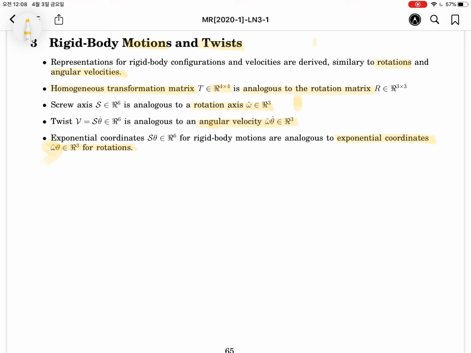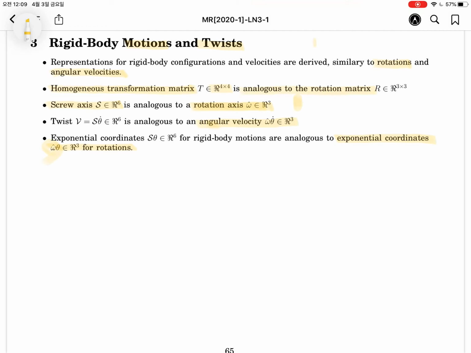To extract the necessary elements of a homogeneous transformation, that will be the screw axis belonging to R6. This is a very similar concept to the rotation axis.